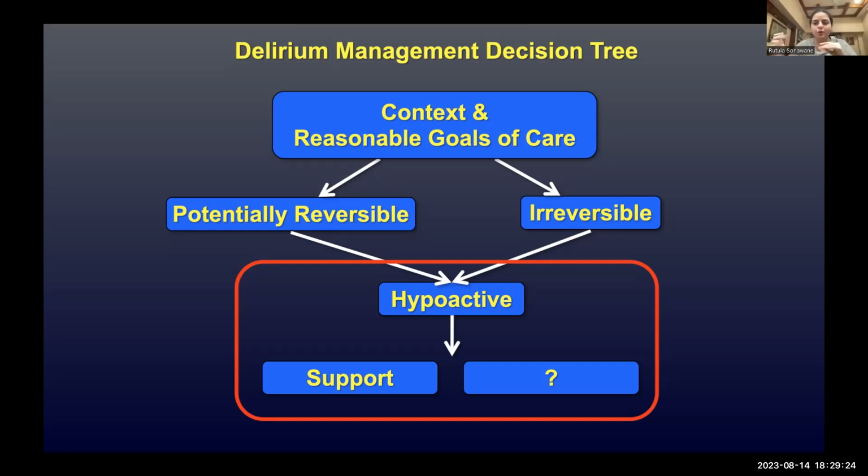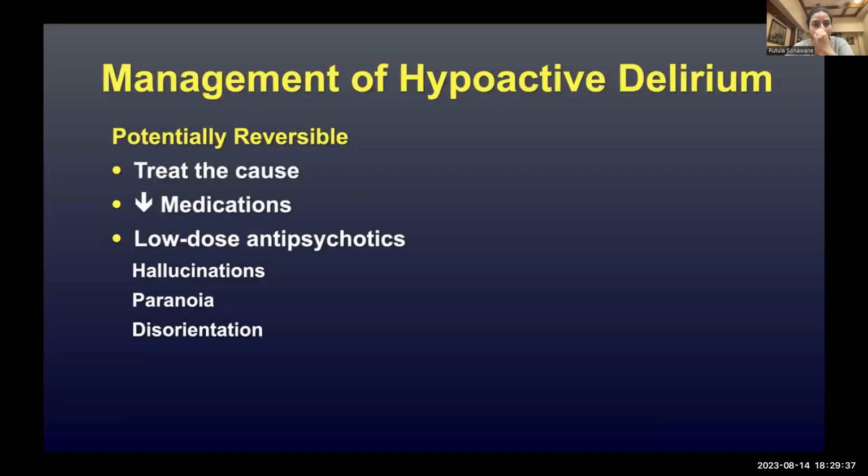No one wants to go and wake them up and potentially hear a lot of problems. So usually it is ignored. But as I said, if the patient with hypoactive delirium is suffering from hallucinations or paranoia, or there is a lot of disorientation, then you might need to give antipsychotics if required.